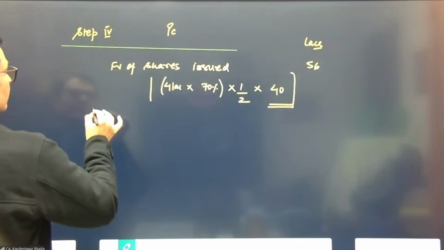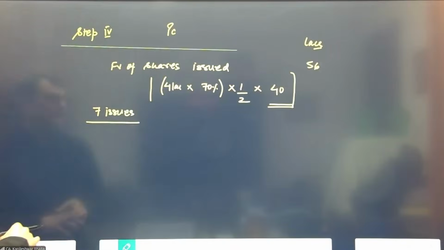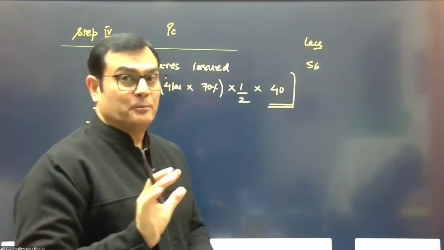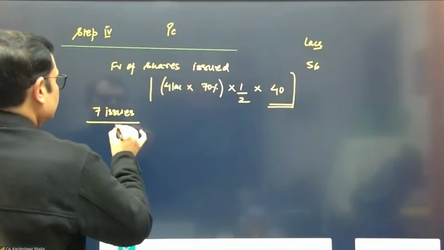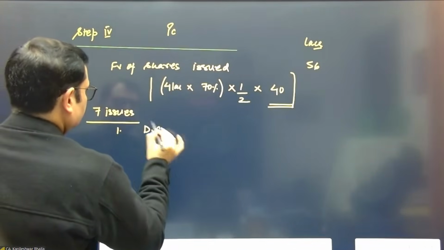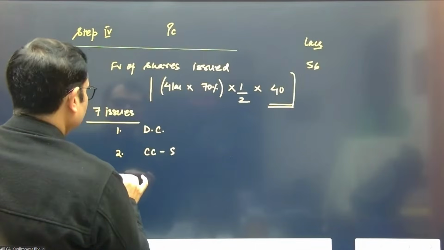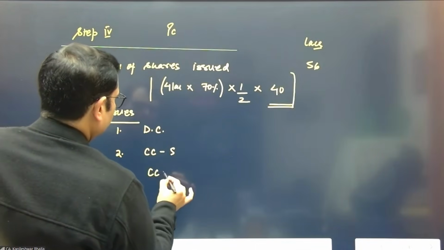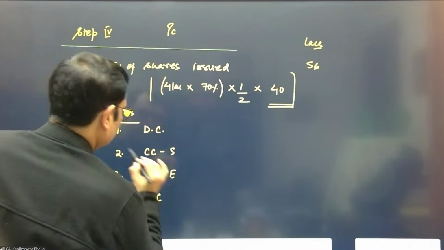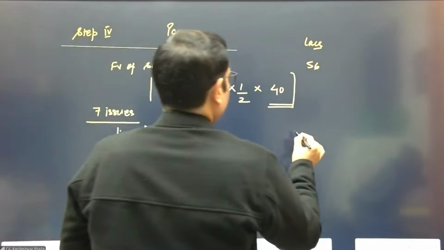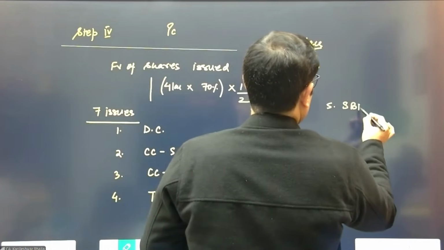Now we'll just write down the list of 7 issues which might be there. They may be there in this question or not, but I still want to pen down those 7 issues to get the fundamentals clear. So one is the deferred consideration, and then the contingent consideration in the shareholders' capacity, then the contingent consideration in the employees' capacity, then there is a transaction cost, and then number 5, that is share-based payment.